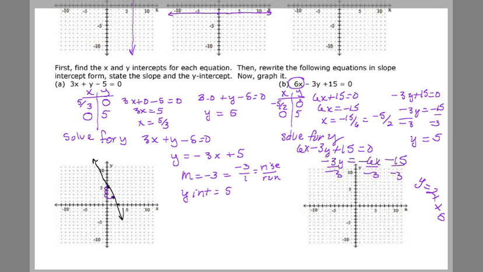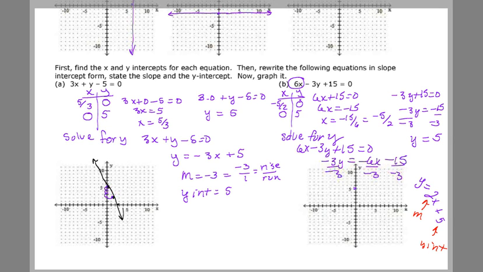You can read that. y equal 2x plus 5. There's my equation. There's my slope. There's my y-intercept. And we can find those points, connect the dots, and draw our line. The slope is 2 over 1, and my y-intercept is 5.